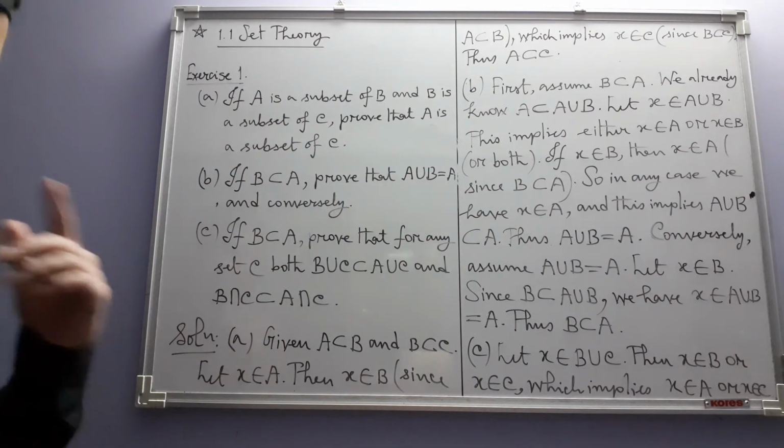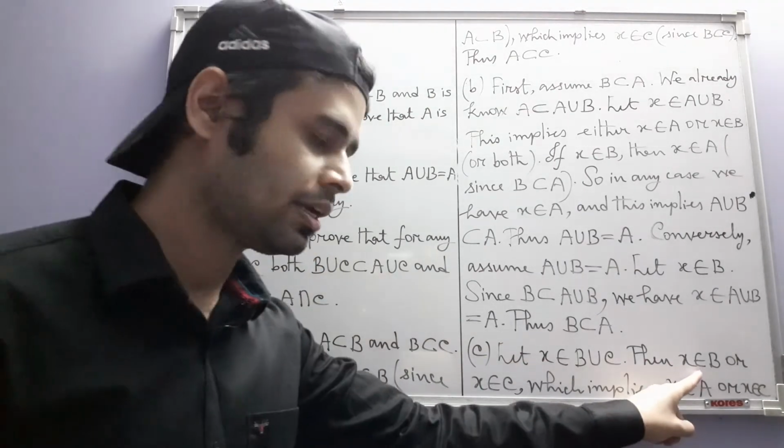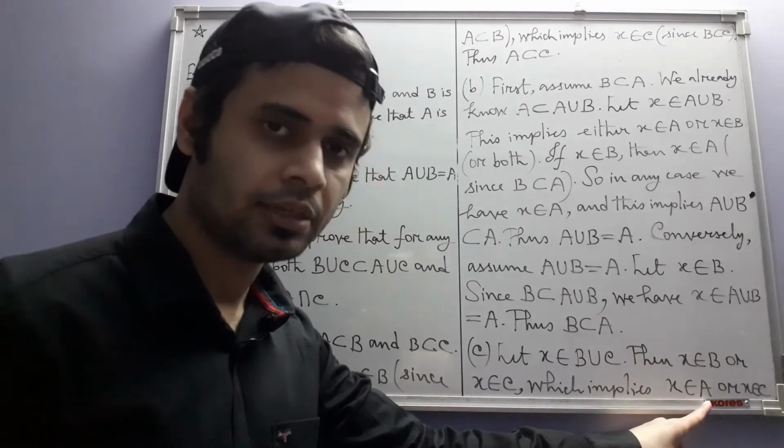That's because B is a subset of A. So if x is in B, then x must be in A.